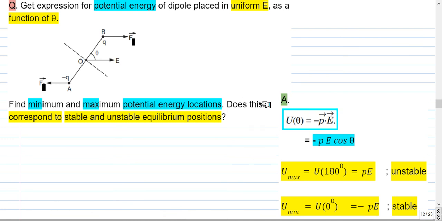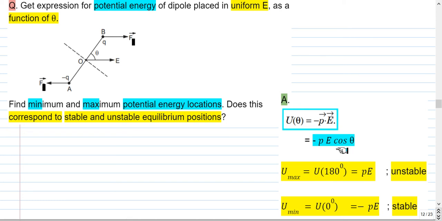Potential energy is given as minus P dot E, which is minus P E cos theta, where theta is the angle between the vectors P and E. So this changes with respect to theta, and cos theta varies from minus 1 to plus 1. So for the potential energy to be maximum, cos theta should be minus 1. So that corresponds to 180 degrees. And the maximum value is P into E. And for it to be minimum, cos theta should be plus 1.